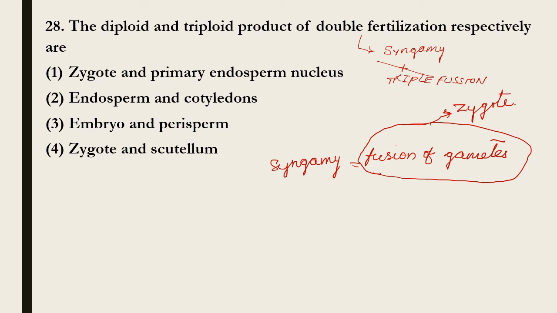So the diploid product of double fertilization is the zygote. Zygote is always in diploid condition. It is formed by the fusion of male and female gamete. The male gamete is haploid and the female gamete is also haploid. 1n plus 1n becomes 2n. So the diploid is the zygote.